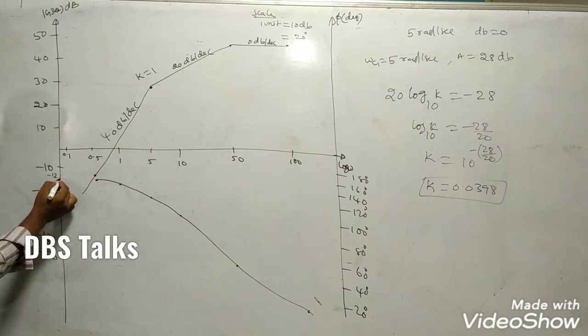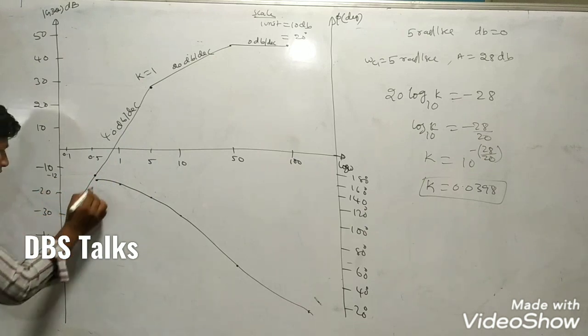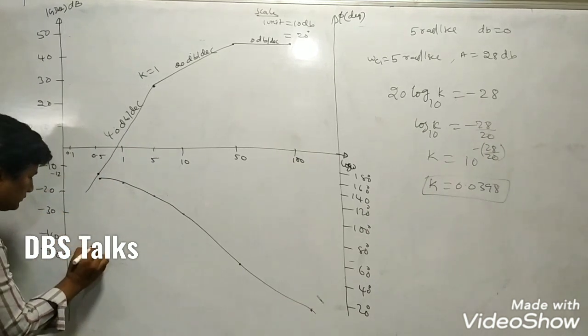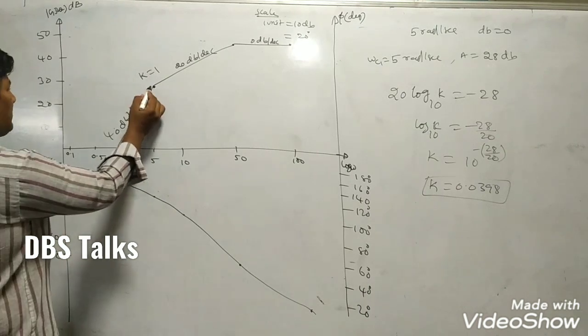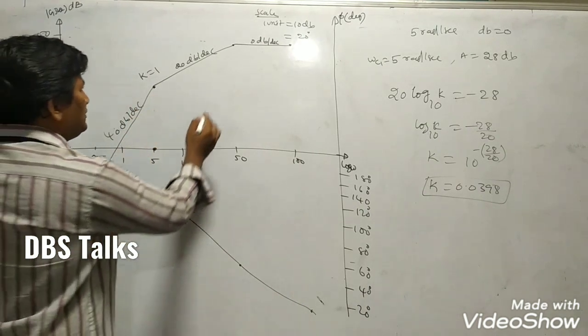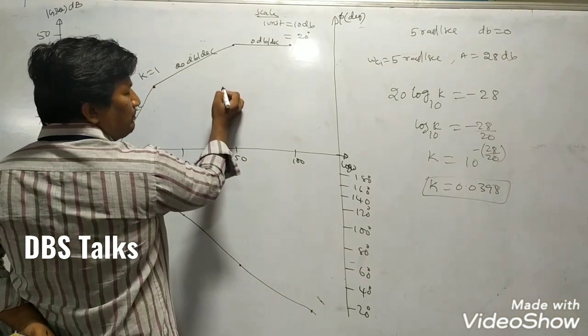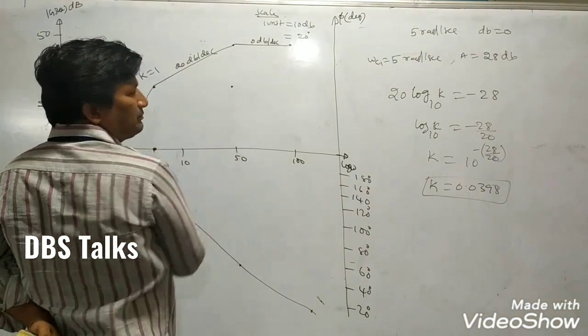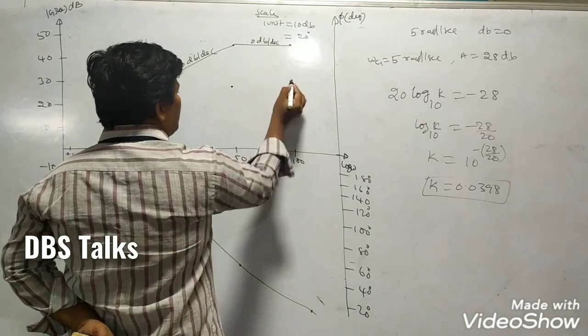So this is minus 12, add minus 28, that is minus 40. This is plus 28, add minus 28, that is 0 dB. This is 48, add minus 28, that is plus 20.